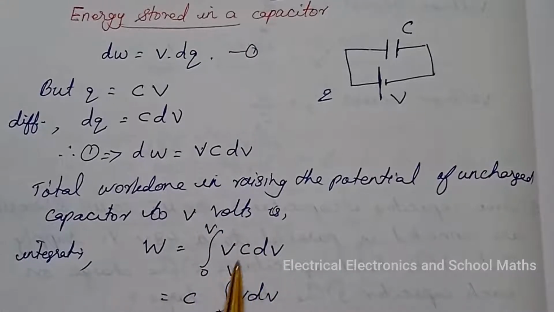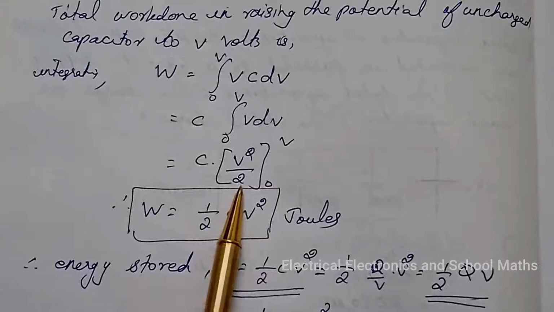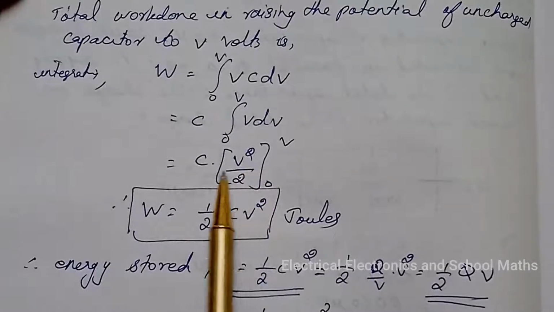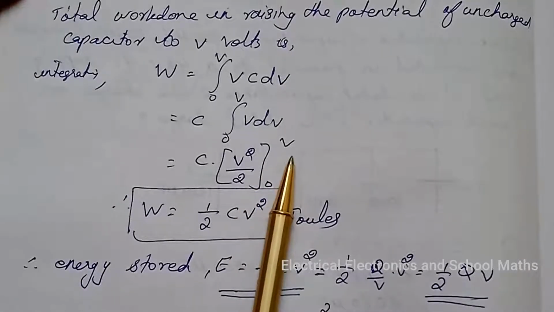Here C is constant, then integrate V dV with respect to V. So we get integral of V is V square by 2 to the limit 0 to V, that is C into V square by 2 with 0 to V as the limit.